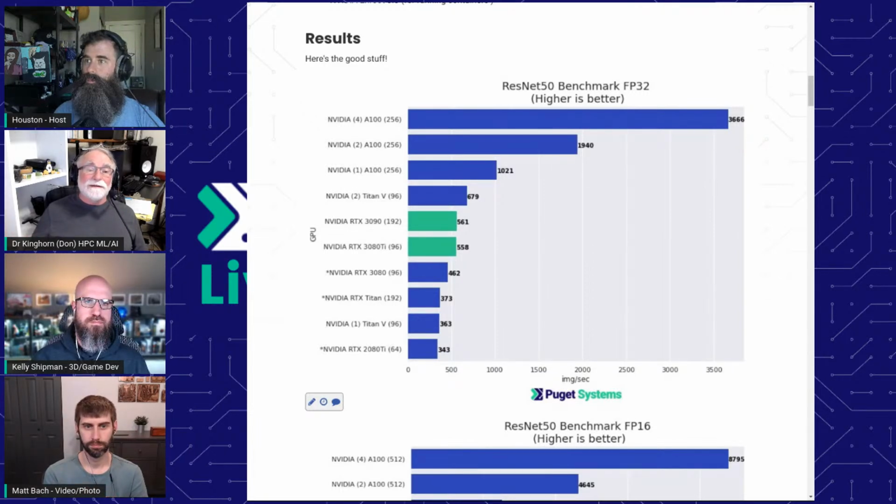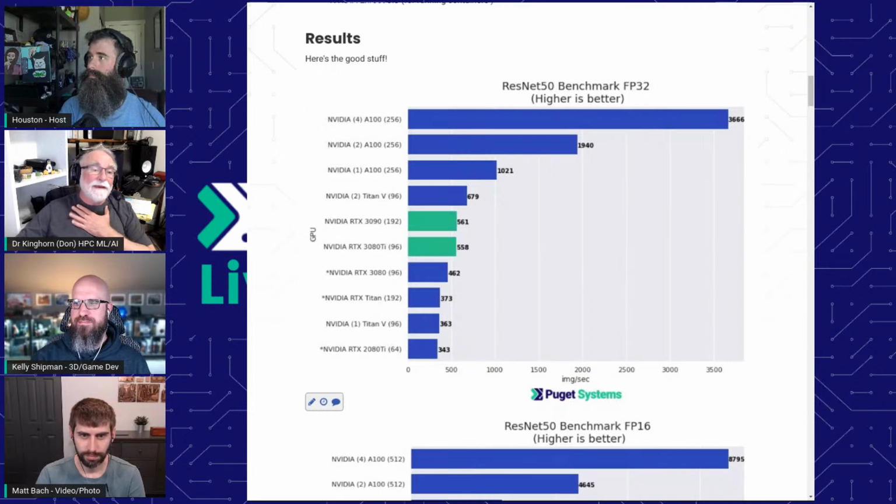But you can see those things are just killer. I've got all the way up there to 4 A100s, and insane performance. They're very, very expensive. I don't even know, $10,000-$12,000, something like that. I'm not even sure. Maybe not that much. And those are 40 gigabyte cards, by the way.